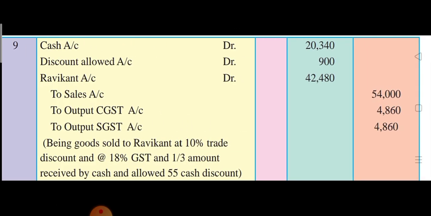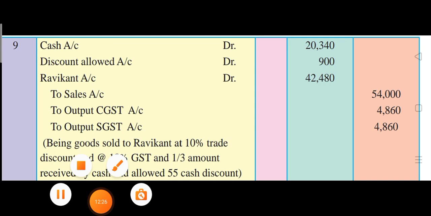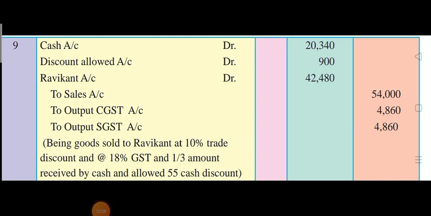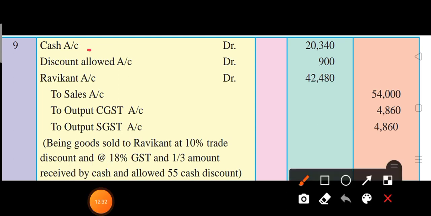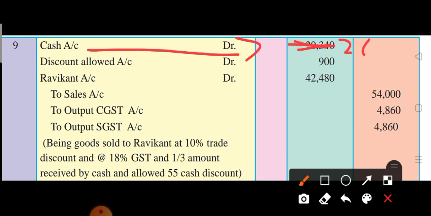Here it is. Now in this, how much cash I have received, that thing will be covered over here. How much cash I have received? I have received cash of rupees 20,178. Okay, यहाँ पर गलत लिख दिया है उन्होंने. 20,178 cash I have received.